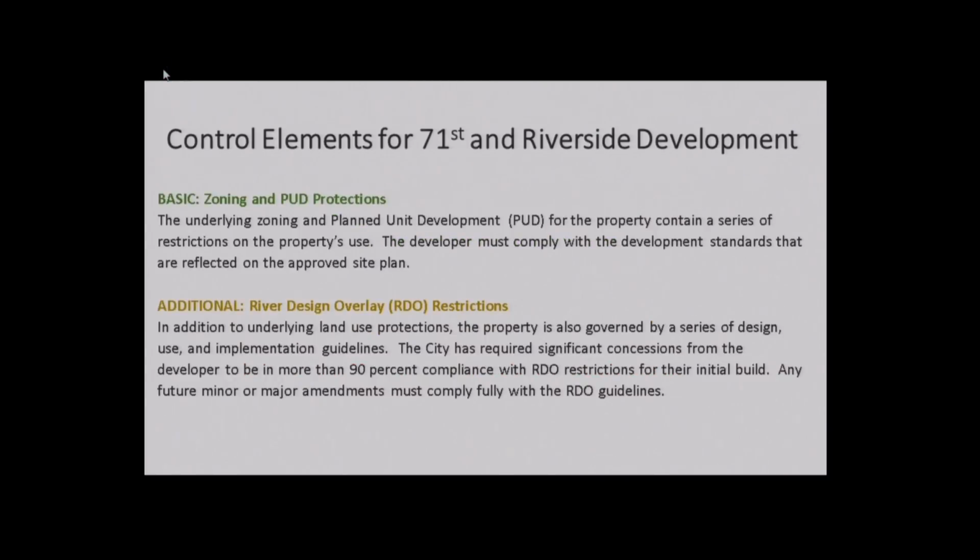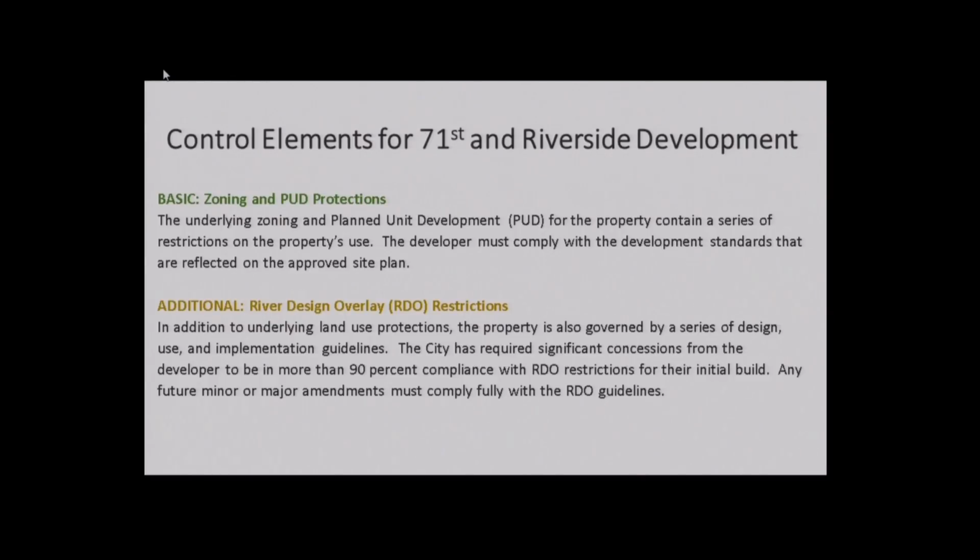Your basic zoning and your PUD restrictions dictate what can be done relative to this site, relative to the underlying zoning. And then, as I mentioned, we also have the river design overlay.